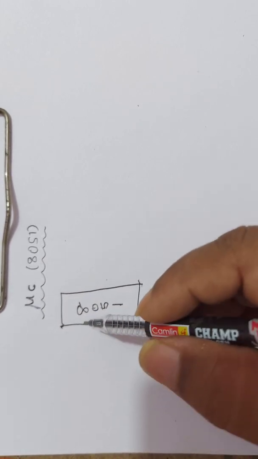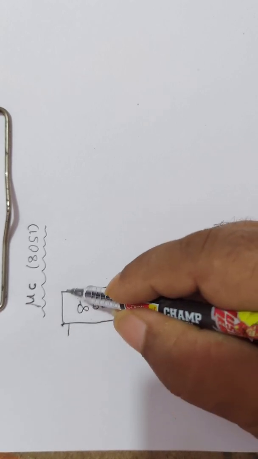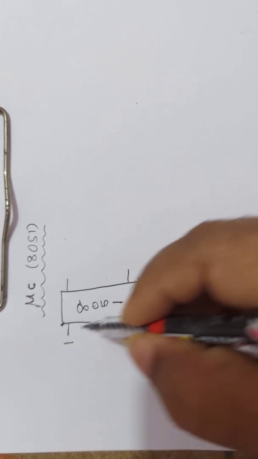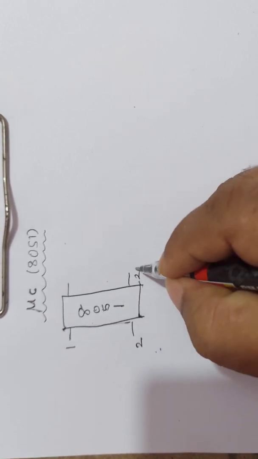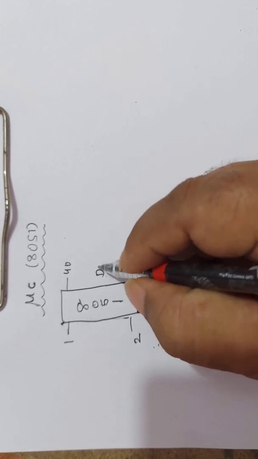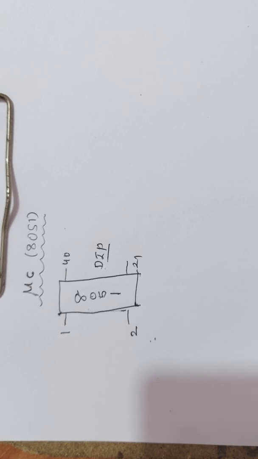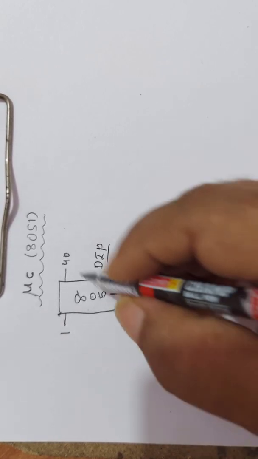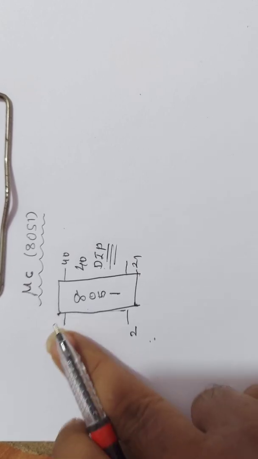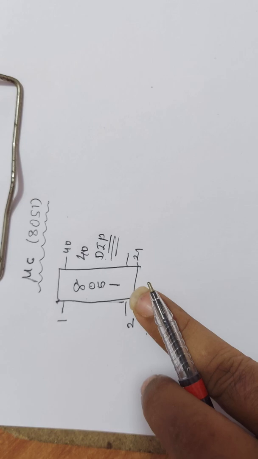It has dual input pins, that is, pins on both sides. It has totally 40 pins, 1 to 20, 21 to 40. So this is called dual input pins. So 8051 is a microcontroller chip with 40 dual input pins. Each pin has its own functions and you will study it in Unit 1.